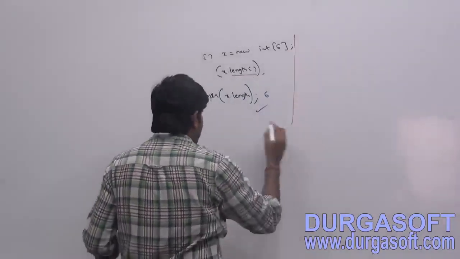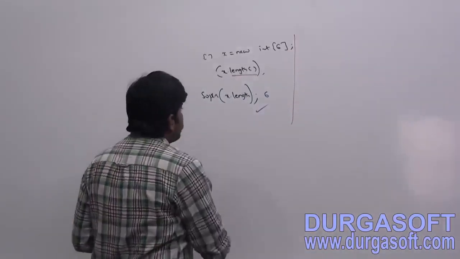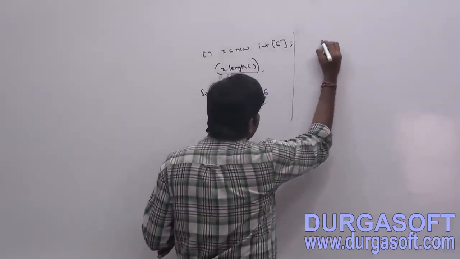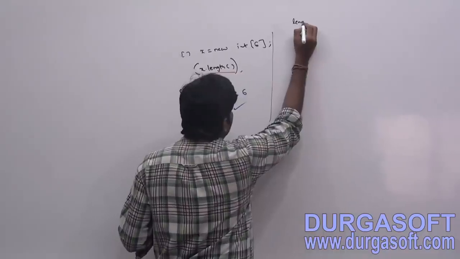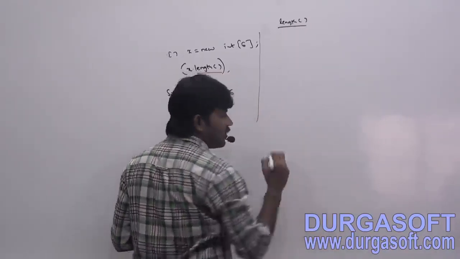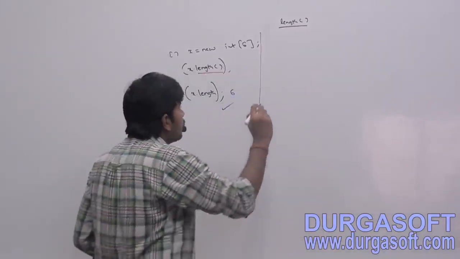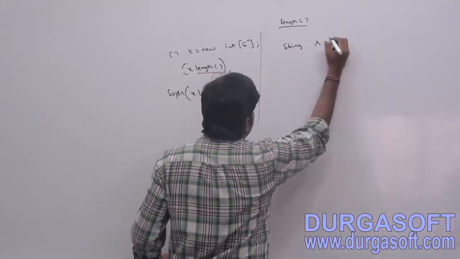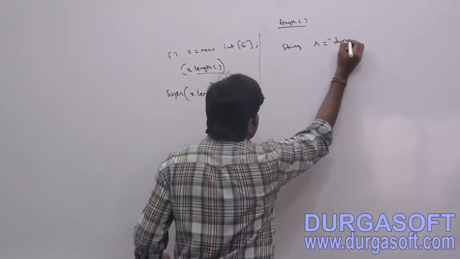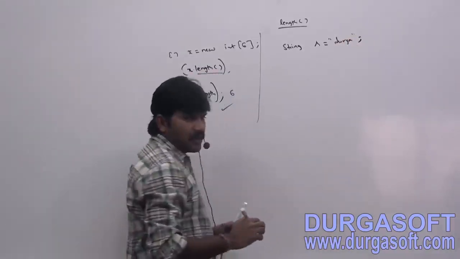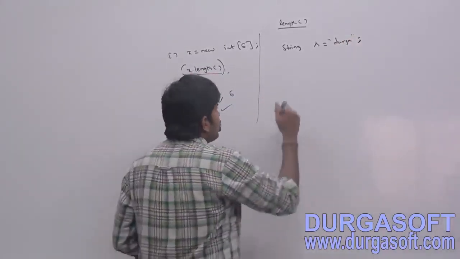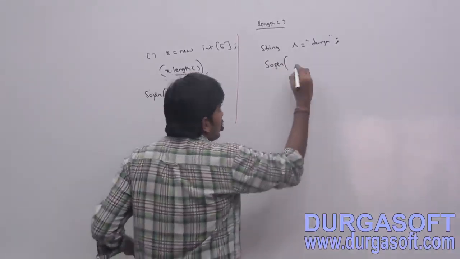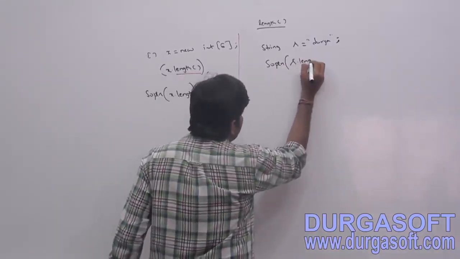Now let's understand this example well. Here I am taking a String, where I have to talk about the length method. Observe: String s = "Durga"; System.out.println of s.length.